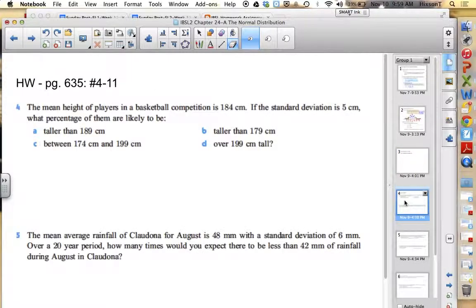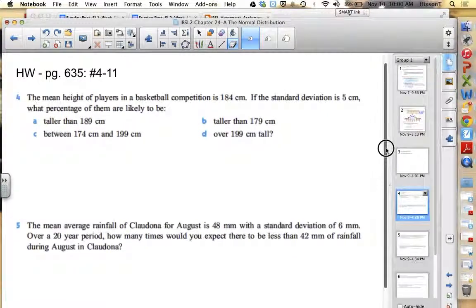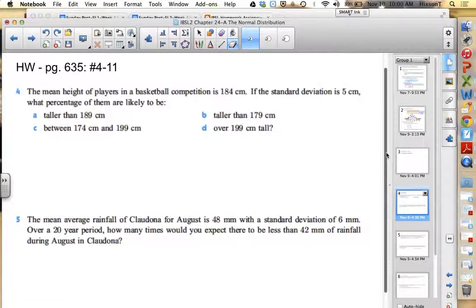All right, so let's practice a little bit. Take a couple minutes here, and we're actually going to get a couple from the homework done, so that'll be nice. Here we have the mean height of players in a basketball competition is 184 centimeters. If the standard deviation is 5 centimeters, what percentage of them are likely to be in these different ranges? Before we talk about it, I want you to make a sketch of the normal curve for this data.